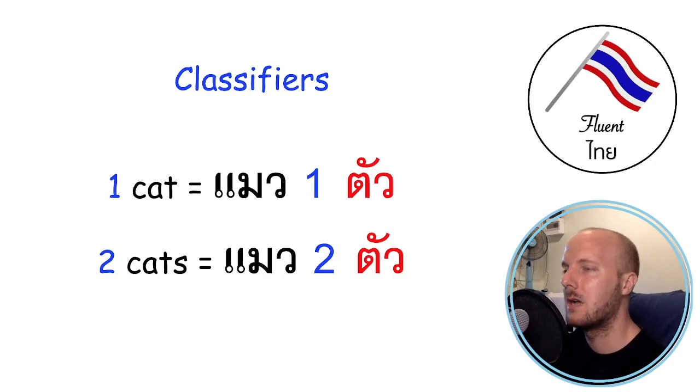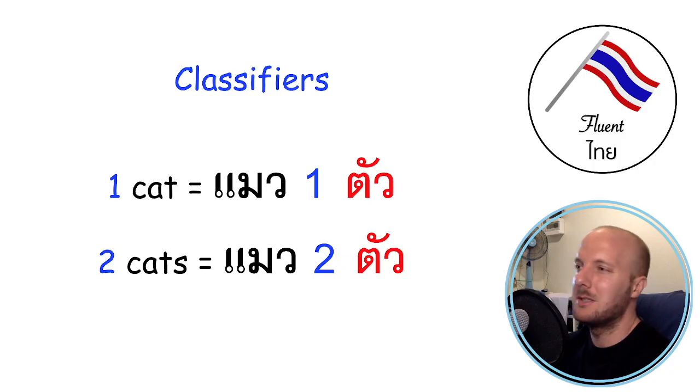Now for Thai, every time you're counting a noun, you need to use a classifier for that noun. So in Thai, they're saying แมวหนึ่งตัว, so they're saying cat, one body, if you like. So ตัว can mean a lot of different things. Here it's just the classifier.